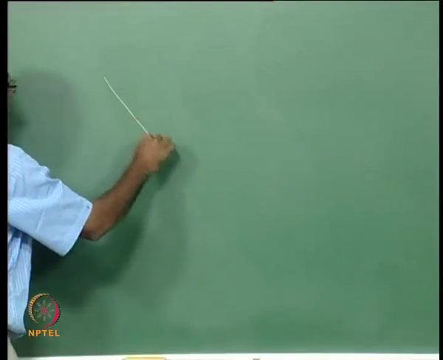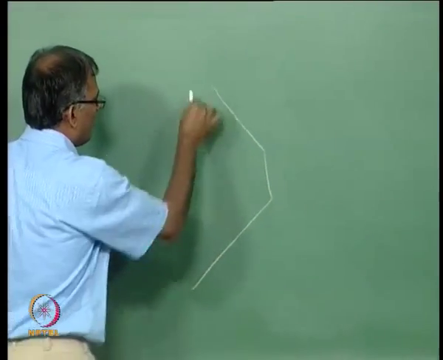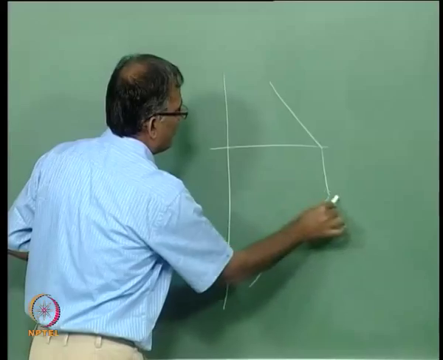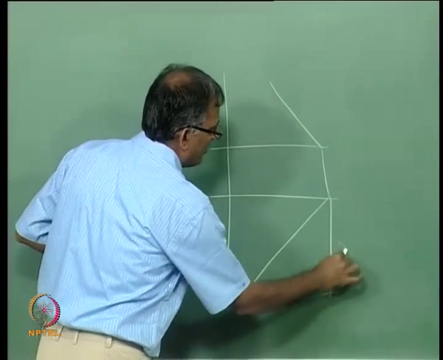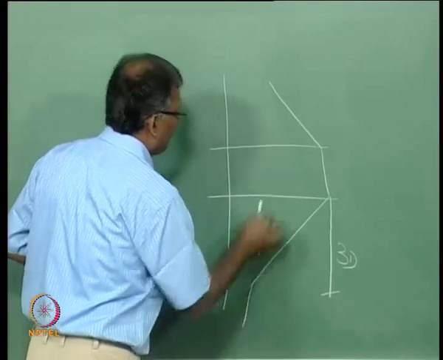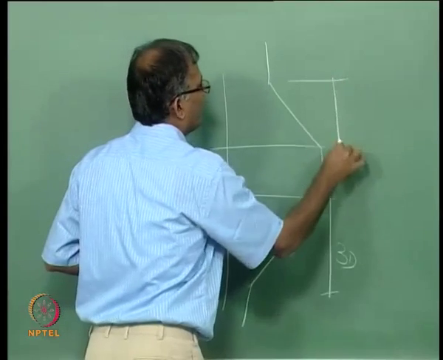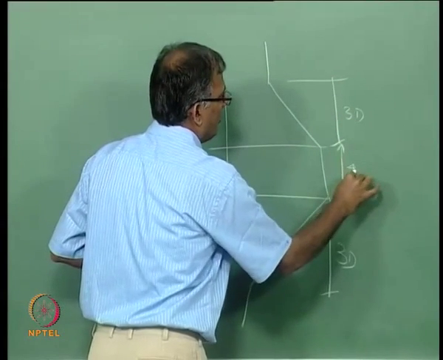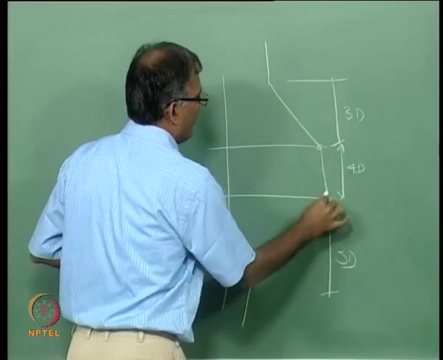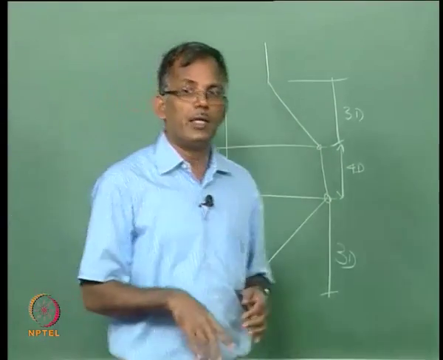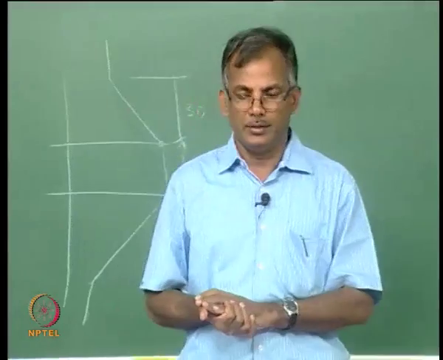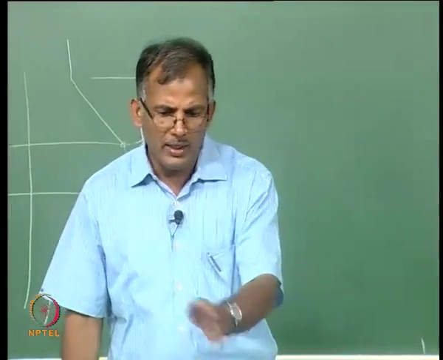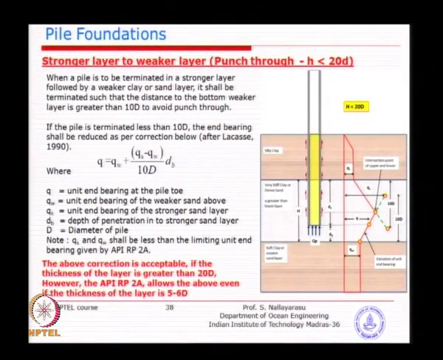So, for this will be your 3D and that will be your 3D, and the remaining 4D will be full capacity, as long as you get that much depth. So, this stronger layer to weaker layer is predominantly for the purpose of punch through.